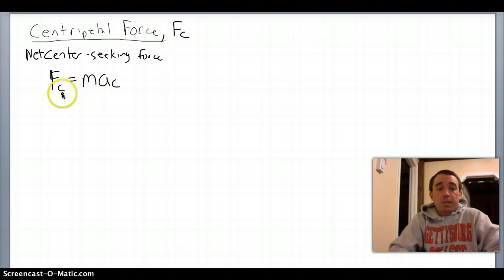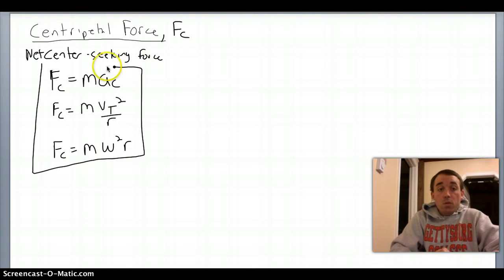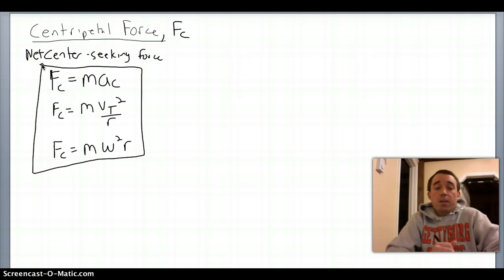F sub c equals mass times centripetal acceleration. If you remember from yesterday, there are two ways that we can find centripetal acceleration. First is tangential velocity squared over the radius. The second was omega squared times the radius. So really there are three different equations that we can use to calculate the centripetal force.